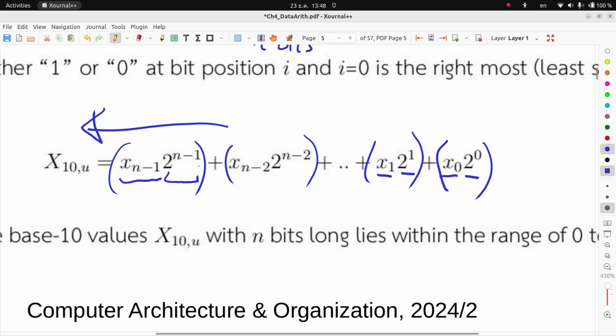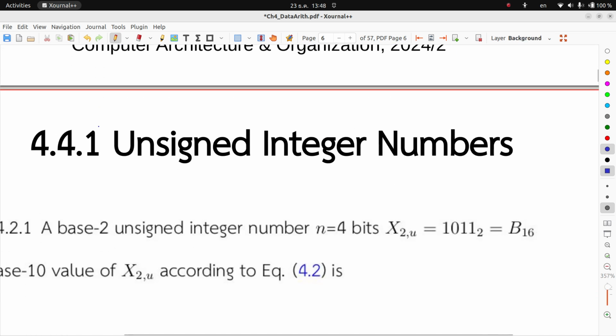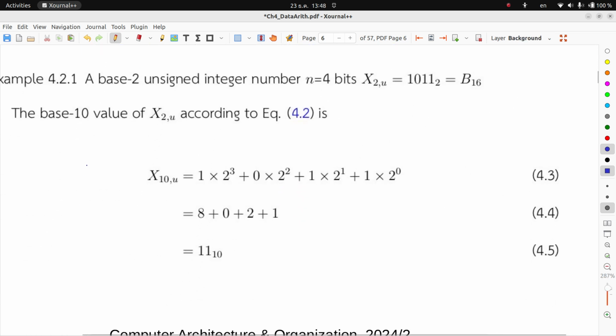That's what you already learned. Okay? And I called it capital X sub 10 U. U is unsigned. 10 is base 10. Okay? Let's take a look at this example.